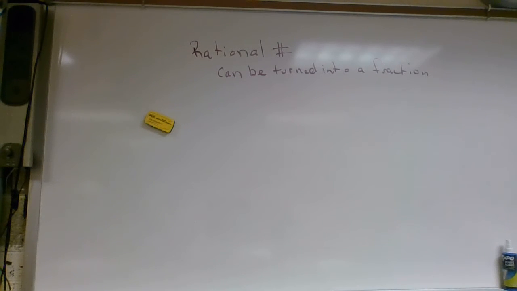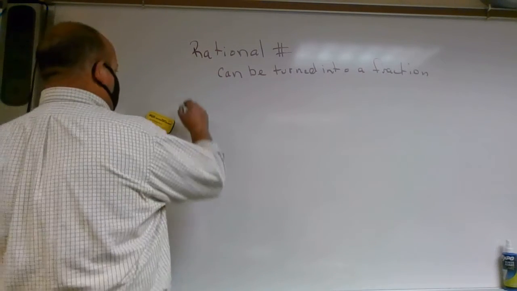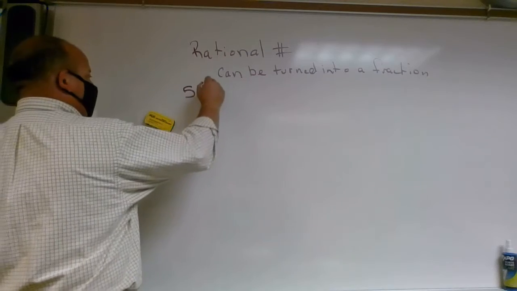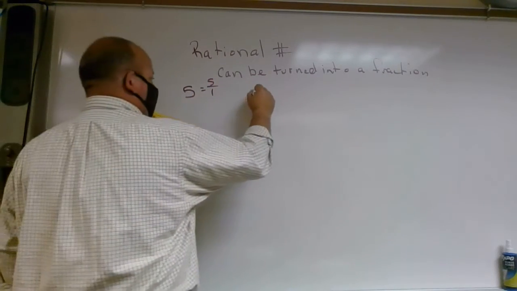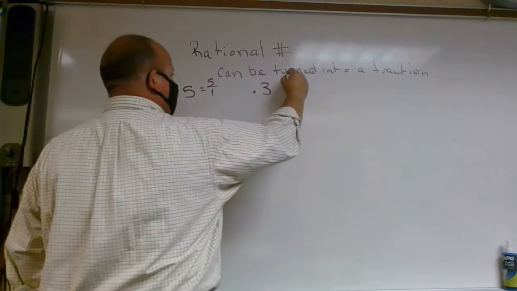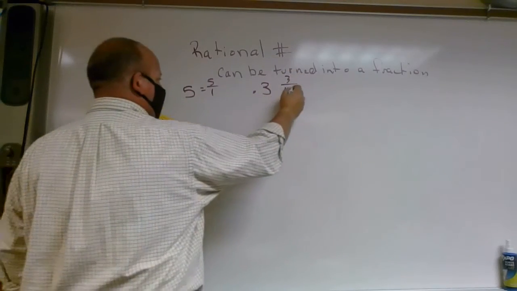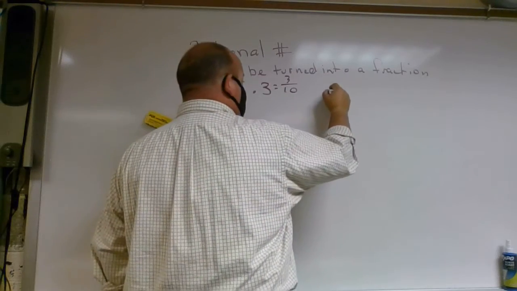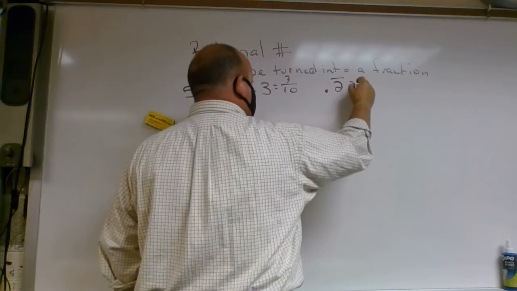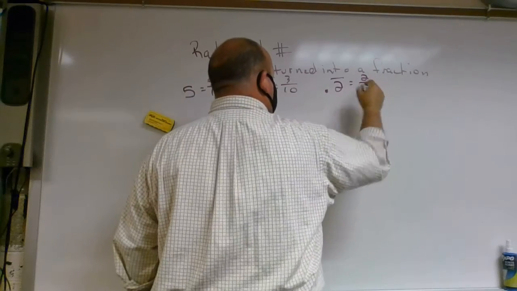Period. Now, examples of that are everything that we really have worked on in here for the most part. A whole number can be turned into a fraction. 5 is 5/1. A decimal, 0.3, is 3/10. A repeating decimal, 0.2 repeating, is 2/9.